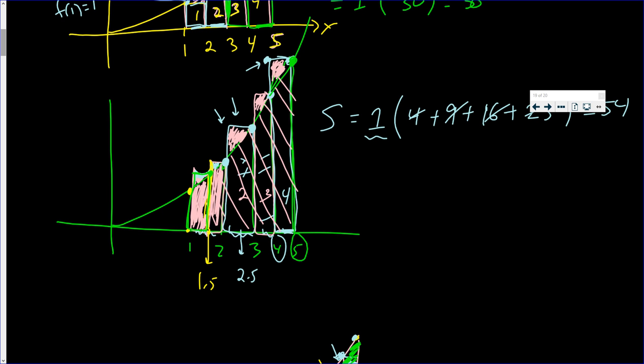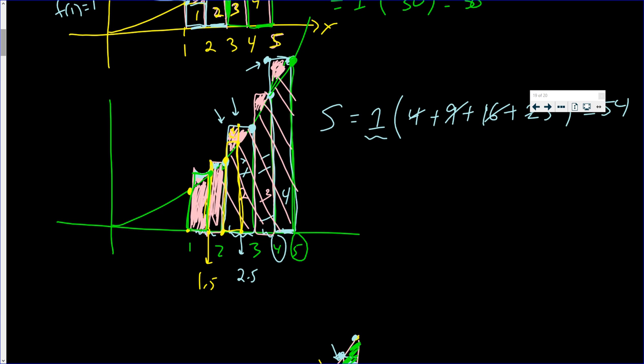Now, if I draw in the line 2.5, I admit that between 2 and 2.5, I'm only going to count that amount. That is, this in here, I'm no longer counting.